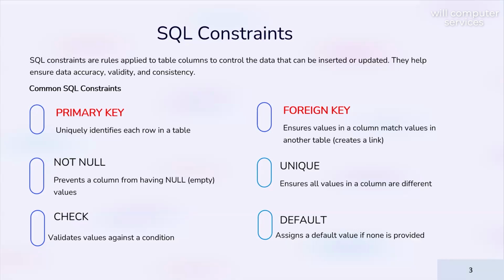The check constraint validates values against a condition. The default constraint assigns a default value if none is provided. Those are good to know, but for now don't put too much attention on this. It's just for you to know. The main thing that you have to put your attention on is primary key and foreign key.